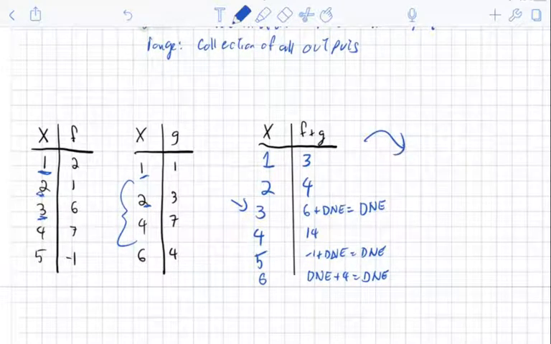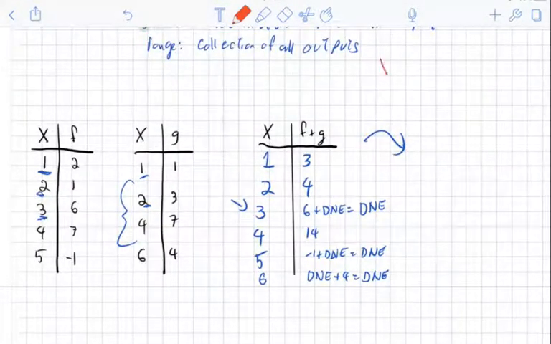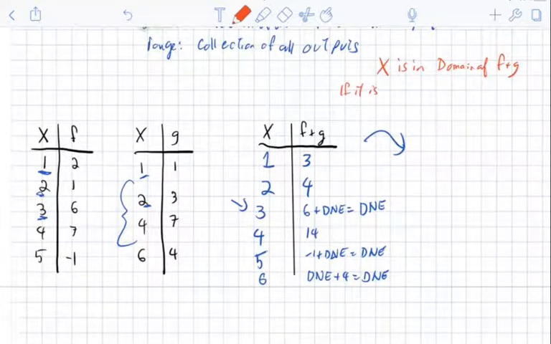So long story short, x is in the domain of f plus g, or f times g, or f minus g, or whatever, if it is in both the domain of f and the domain of g. Okay?